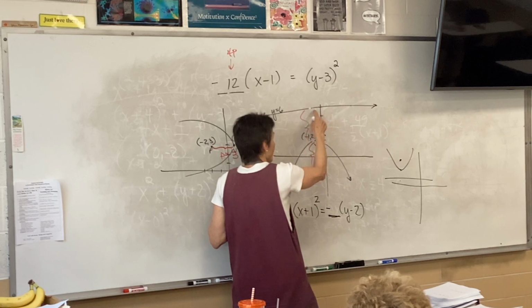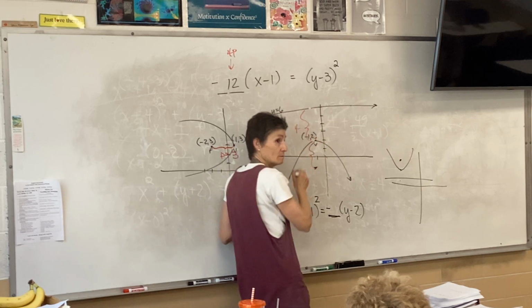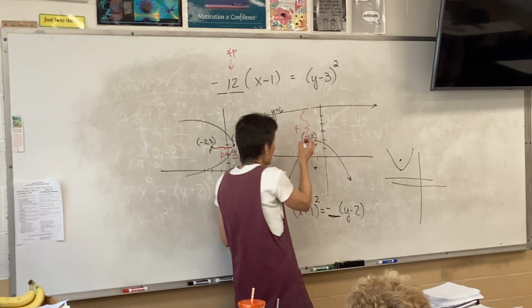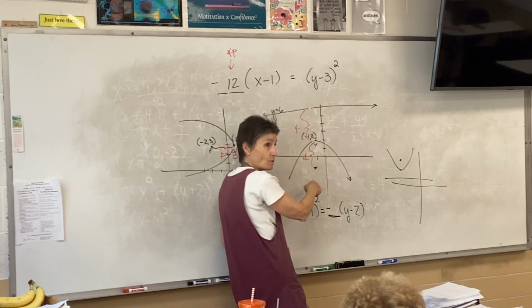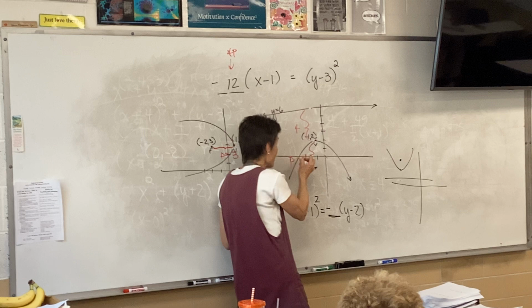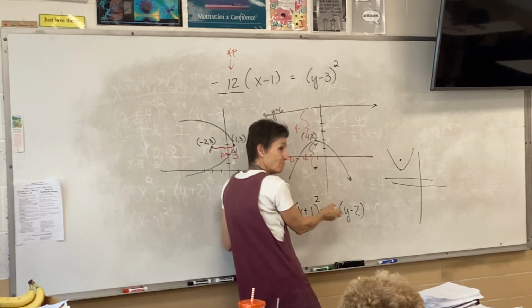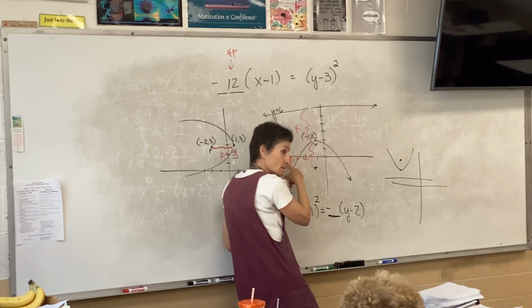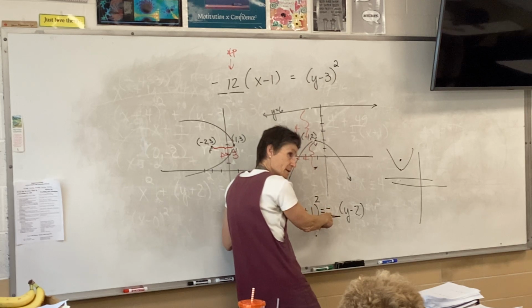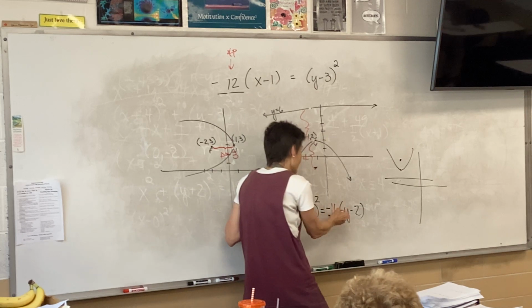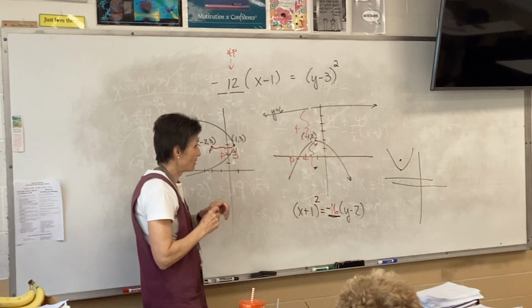How far up did I go? 4? And then I would go down 4 in this direction, and that's P. So what's the number that goes in this blank? If P is 4, then this number is going to be 16. There you go. There's your equation.